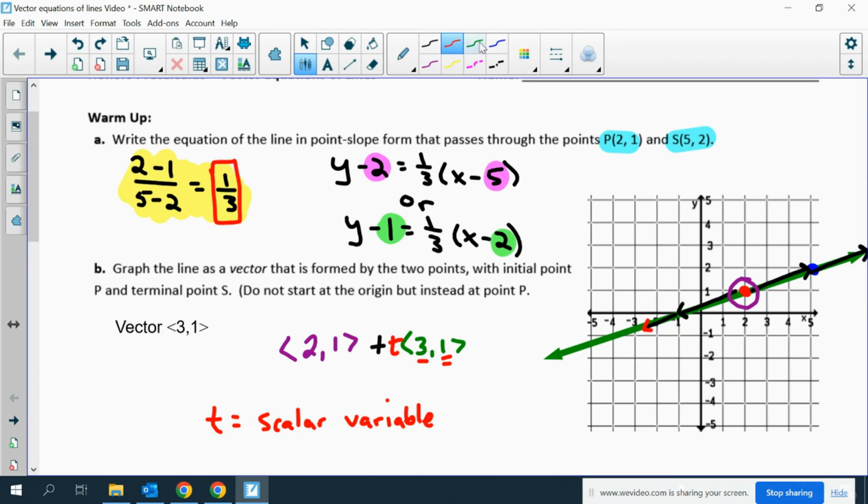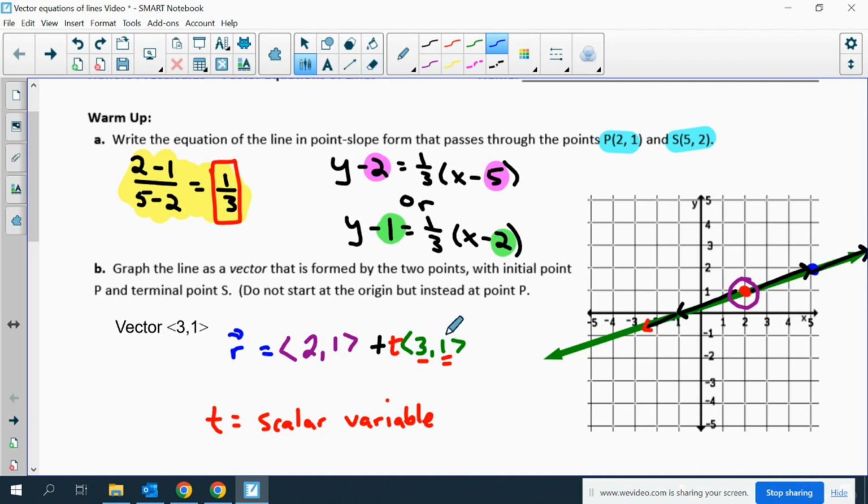So I'm essentially taking a point and a slope, and I'm putting the slope with the variable, which makes some sense. So this is the vector equation of a line as long as I make it an equation. So I would say the vector r, for example, is equal to (2, 1) plus t times (3, 1).